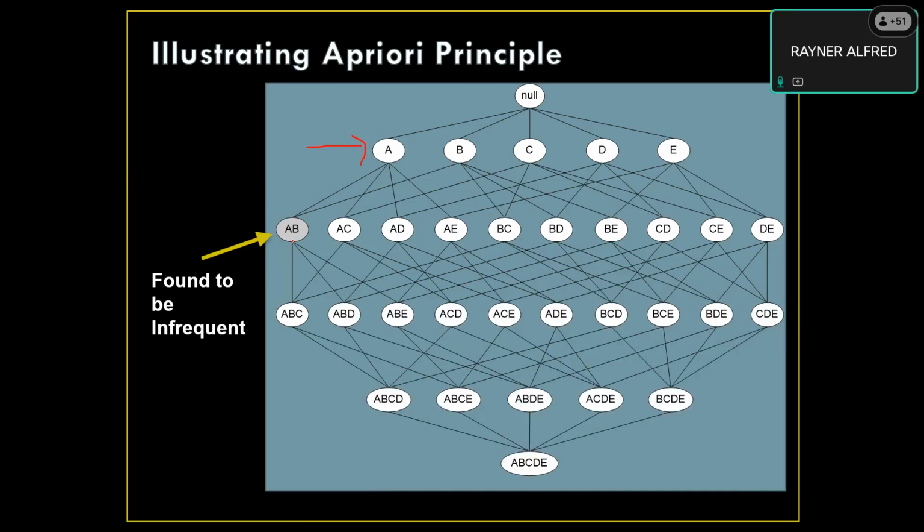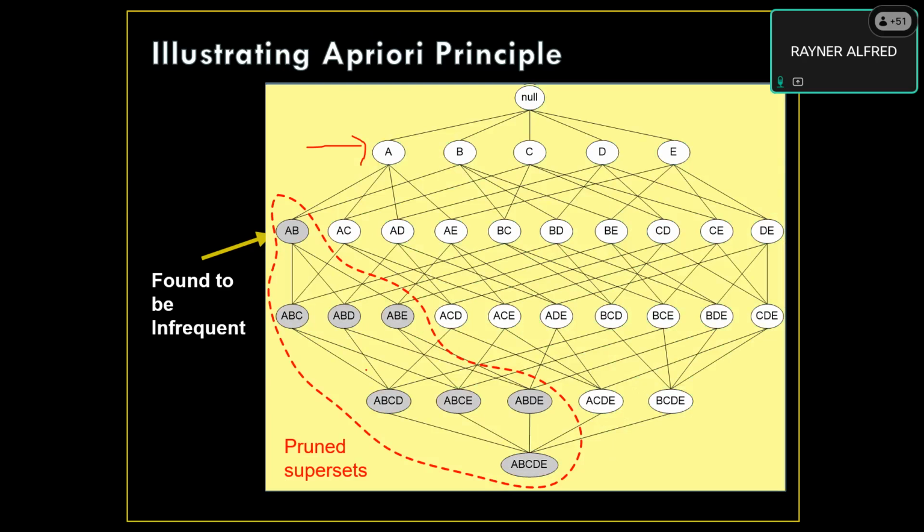For example, if this one is not frequent, the whole candidate set below it will not be considered, because this is not frequent already. So we don't have to evaluate all of this, because of the Apriori condition.